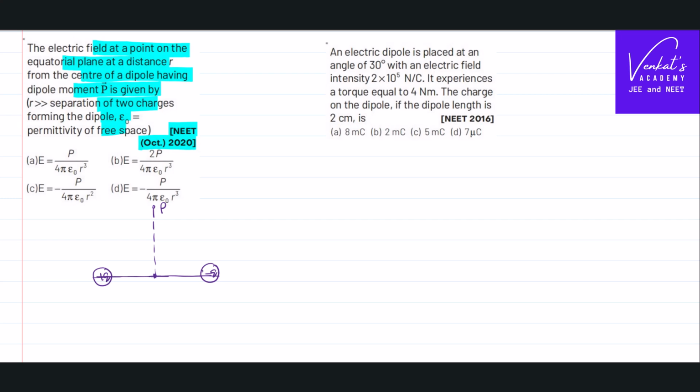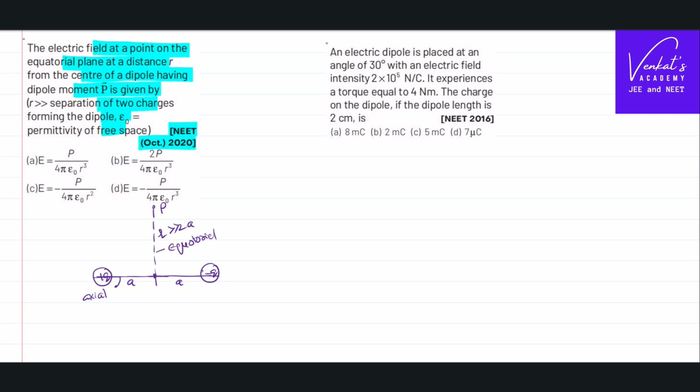So, this is the axial line and this is the equatorial line, and he is saying that this distance r is much greater than the separation between the two charges, that is, quite far.